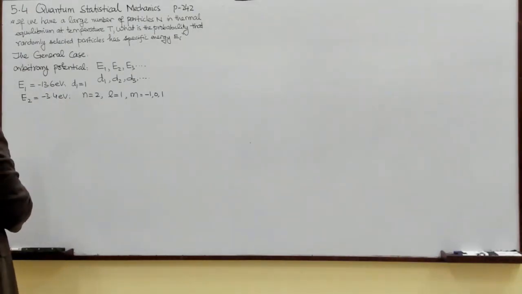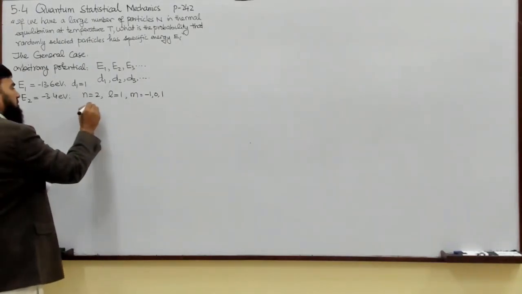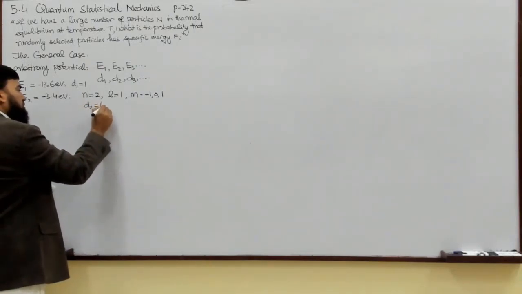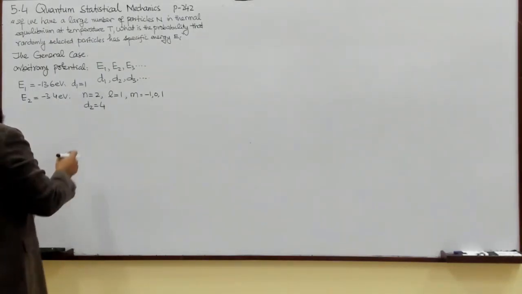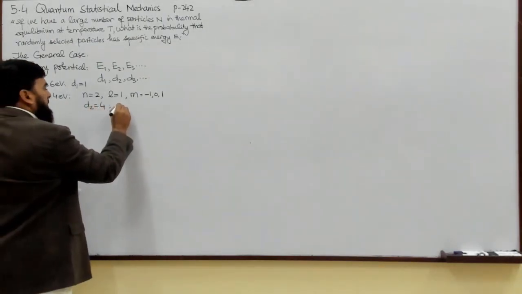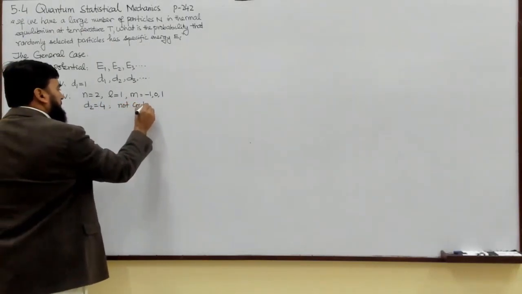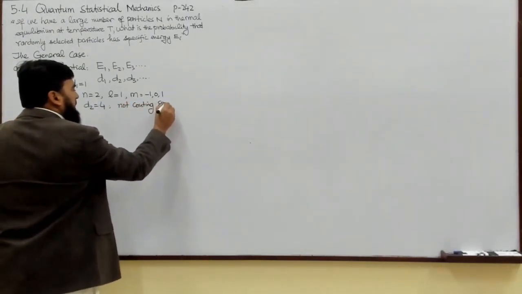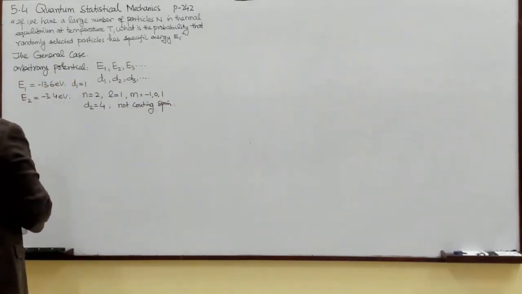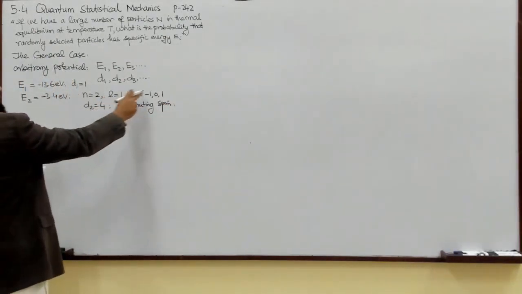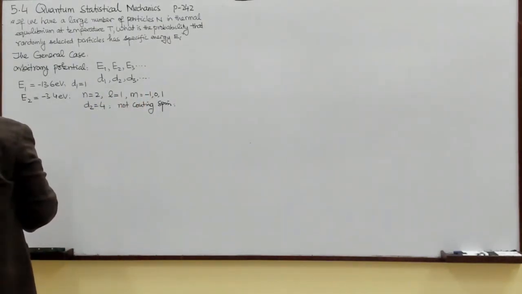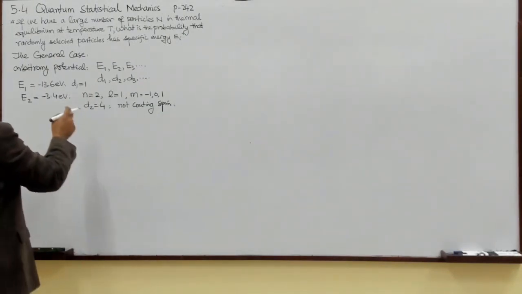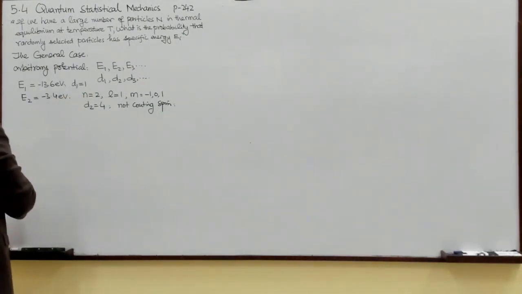So in this situation D2 equals 4, even if we don't count spin: 1 plus 3 gives a degeneracy of 4.